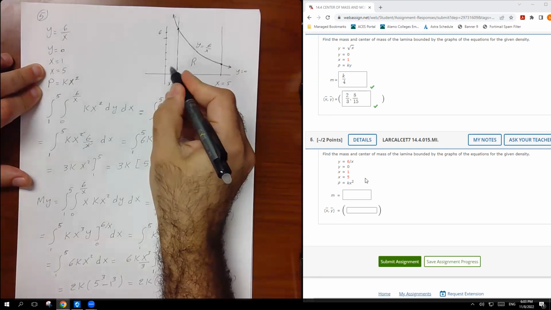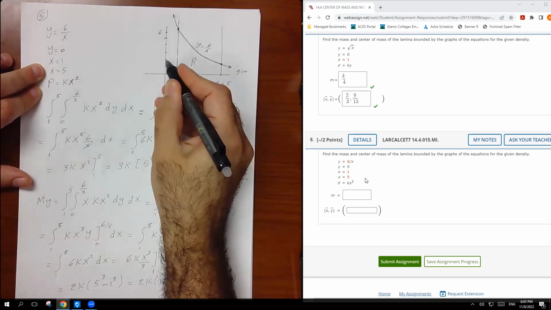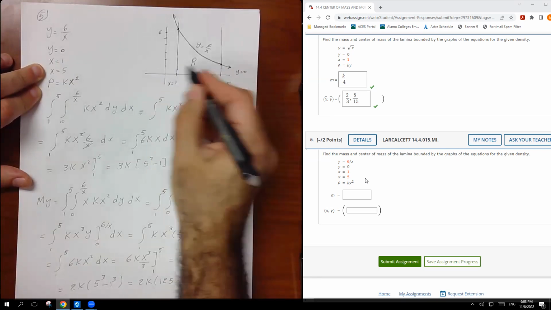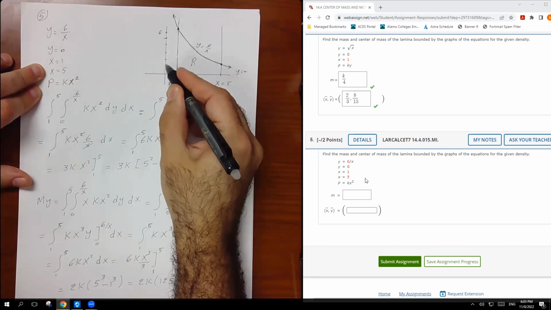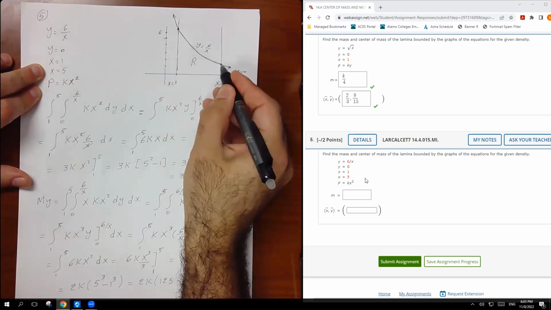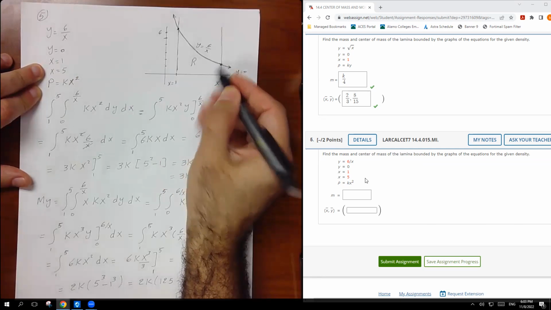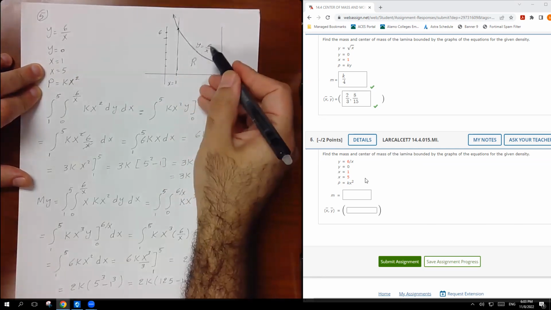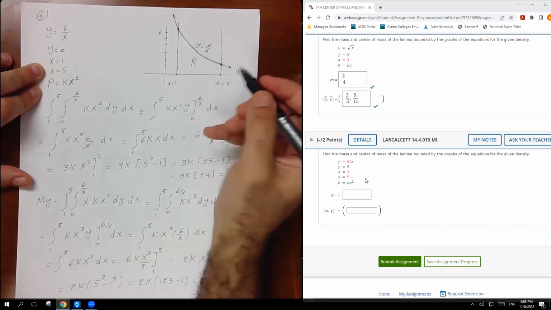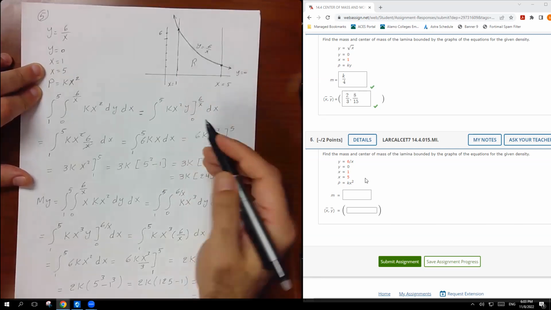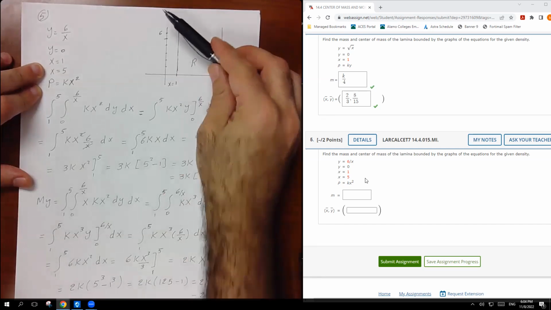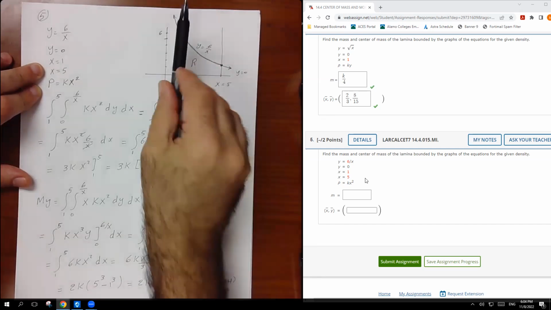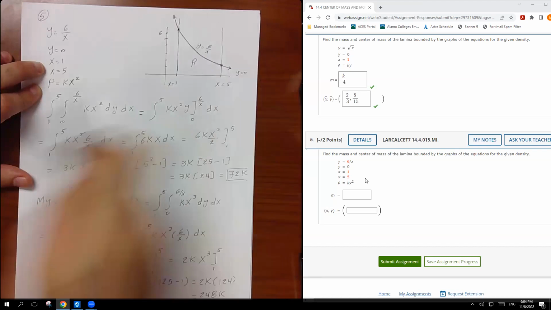So 1.2 is going to be here, between 1 and 1 and a half. That means here is our curve, y equals 6 over x. So that's our region between this curve and y equals 0, x equals 1, and x equals 5.